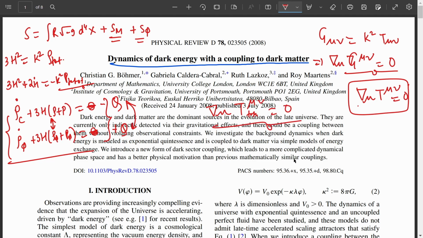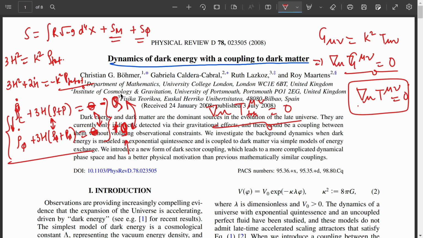Okay, so now this term we have added is q. Q is the interaction term, where the energy density is transferring from one fluid to another. This negative sign says that some energy is transferred from dark matter to dark energy, and this plus shows that if you have a positive q, then it is taking energy.